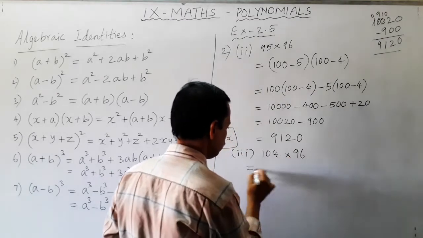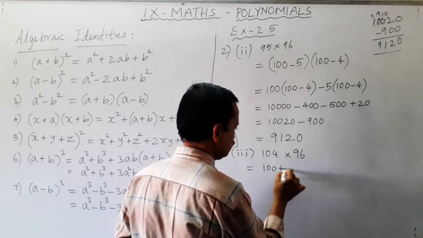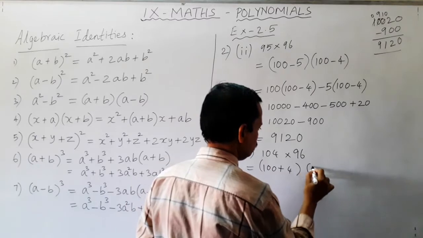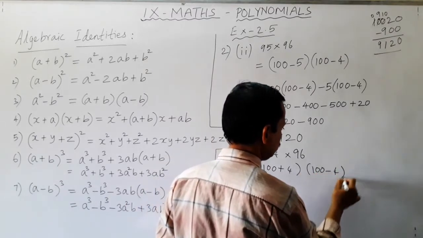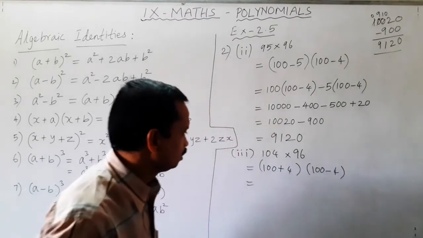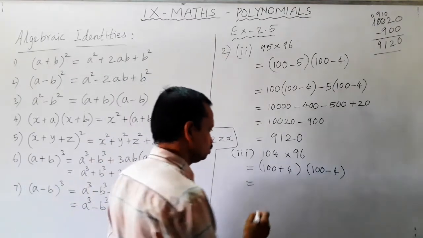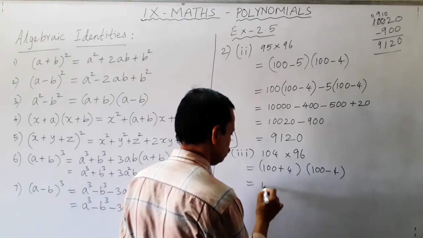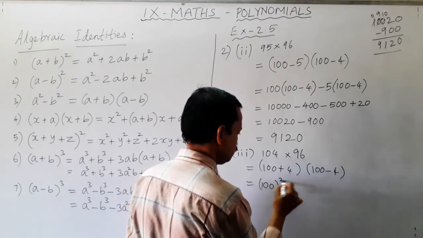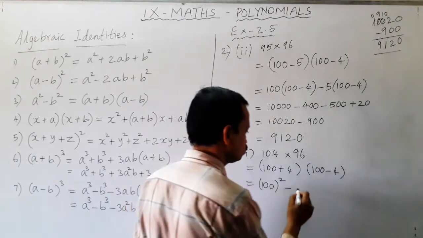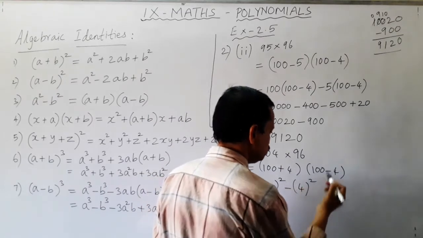So this we can write as 100 plus 4 into 100 minus 4. So look here, a plus b into a minus b, very easy. Okay, so a square minus b square, so 100 square minus 4 square, that's all. So which identity is applicable?